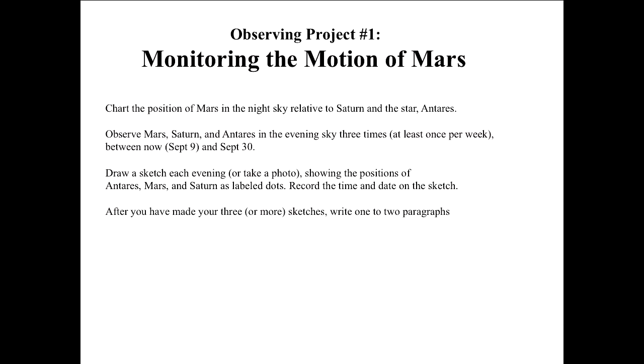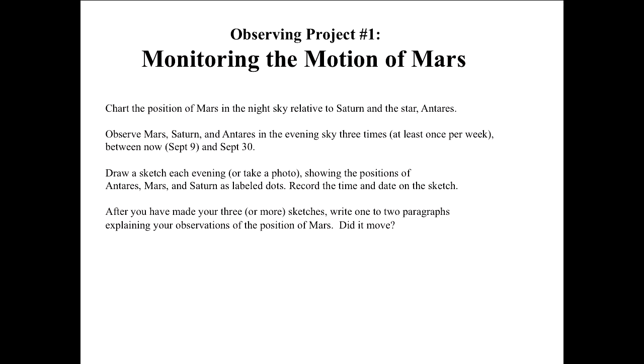So the idea is that after you've made your 3 sketches, you should maybe, if you're observant, see some slight motion of the planet Mars relative to Antares and Saturn. It'll take some careful artistic abilities on your part to locate the dots on your piece of paper that represent where those 3 objects are in the sky, and then write a paragraph or 2.